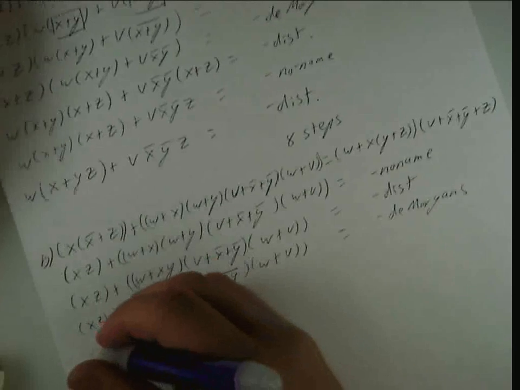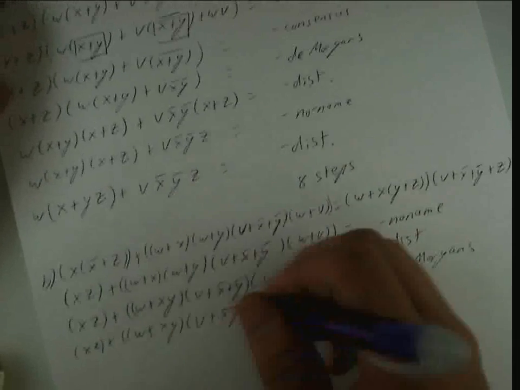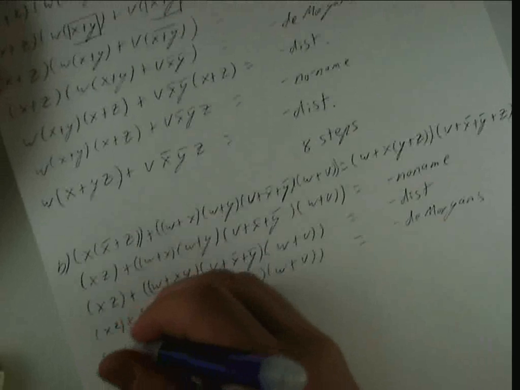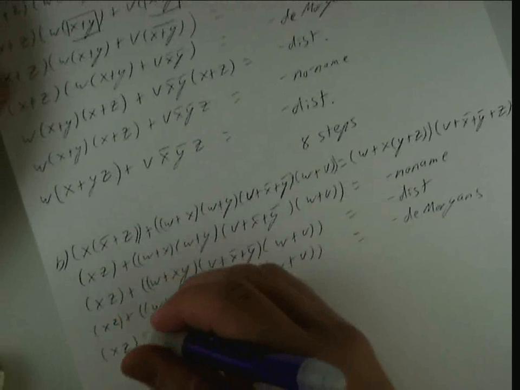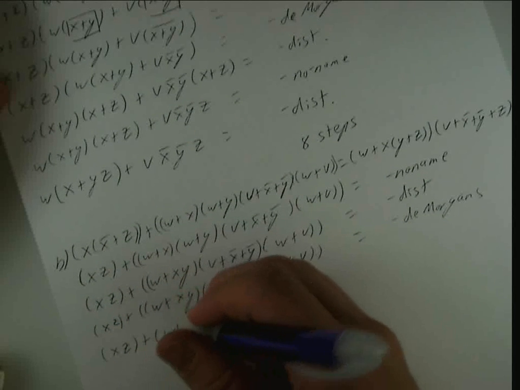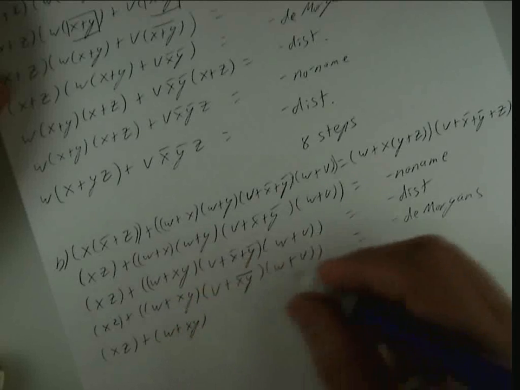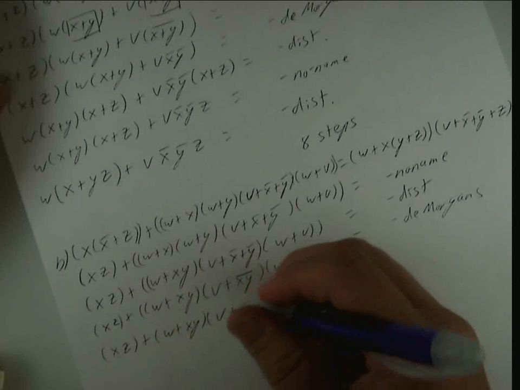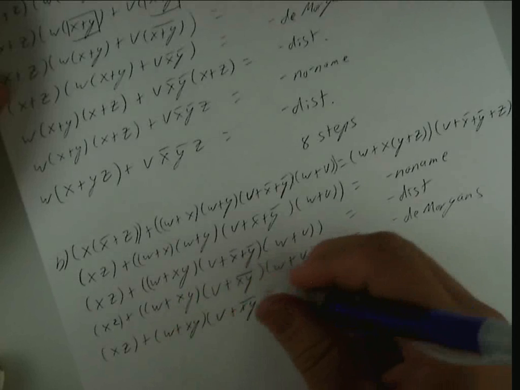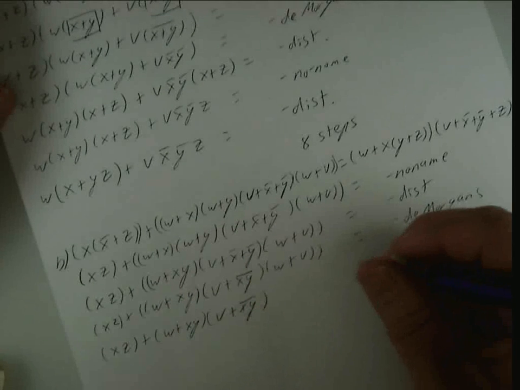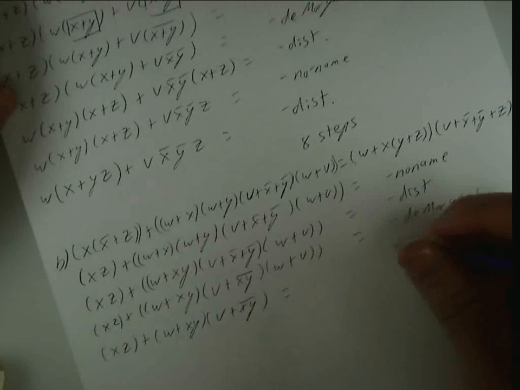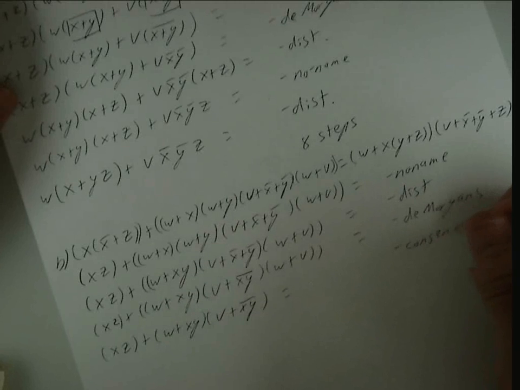And now that gives me my consensus. So this is xz ORed with w or xy and v or xy NANDed together, and this goes bye-bye. So I get consensus.